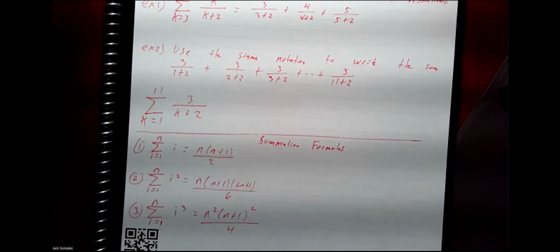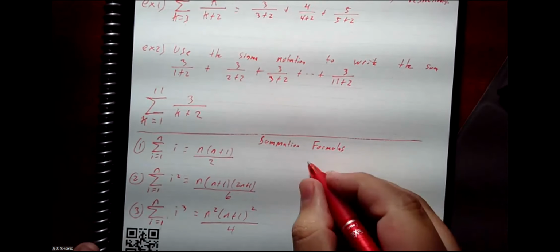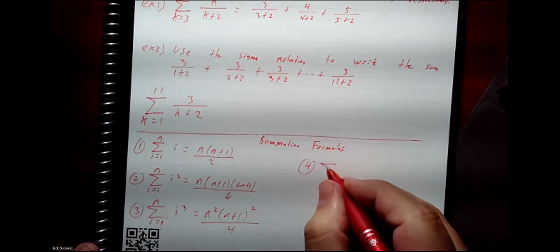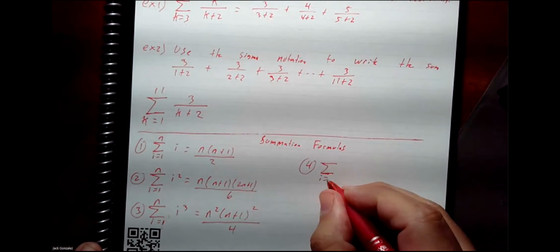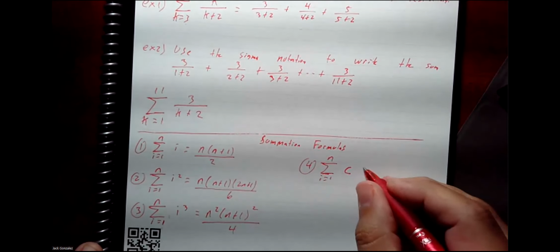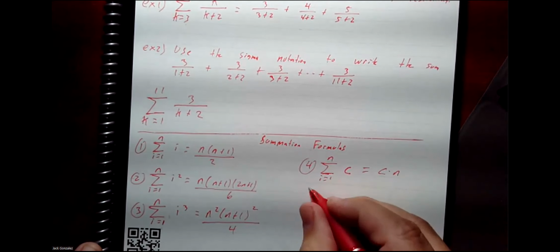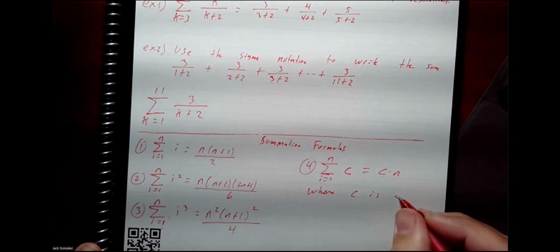So those are the 3 main ones you're going to need. 4, actually, I forgot one. If you're doing a constant from i equals 1 to n, let's say the constant is c, then this would equal c times n, where c is a real number.